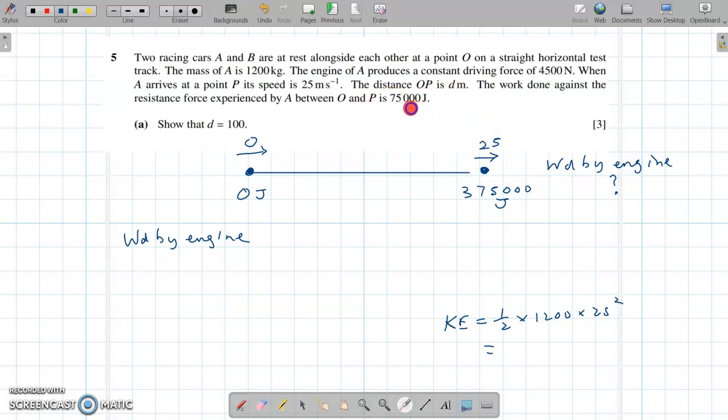The greater this is, the lower the speed is going to be. So it's a hindering force, so it's a negative force. So work done by the engine minus work done against resistance equals the kinetic energy.